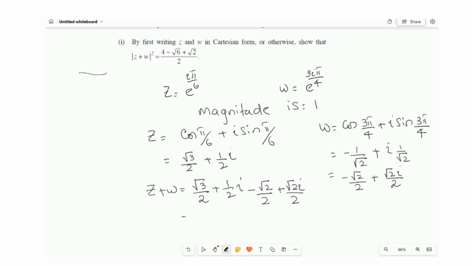So now I can separate real and imaginary parts. It is equal to root 3 minus square root of 2 divided by 2, that is the real part, plus 1 plus square root of 2 divided by 2 i.